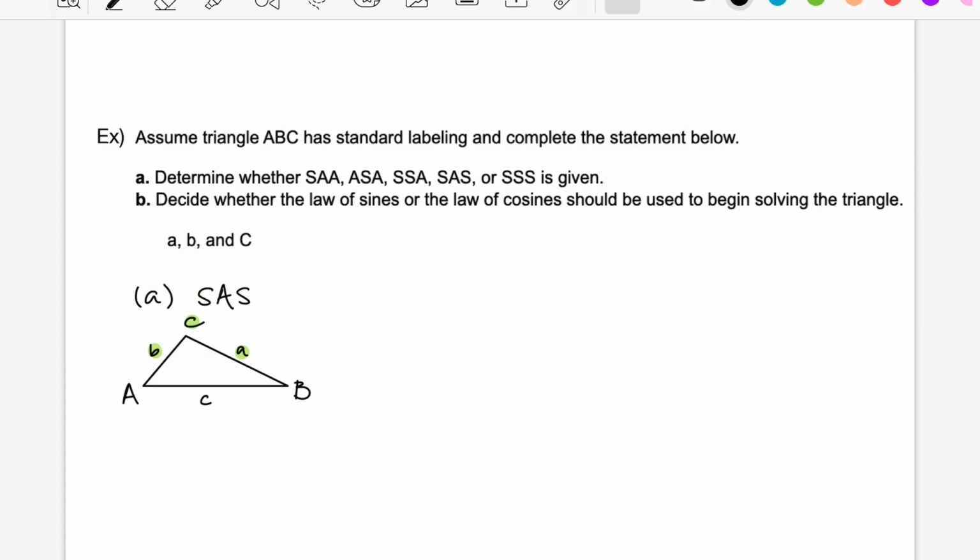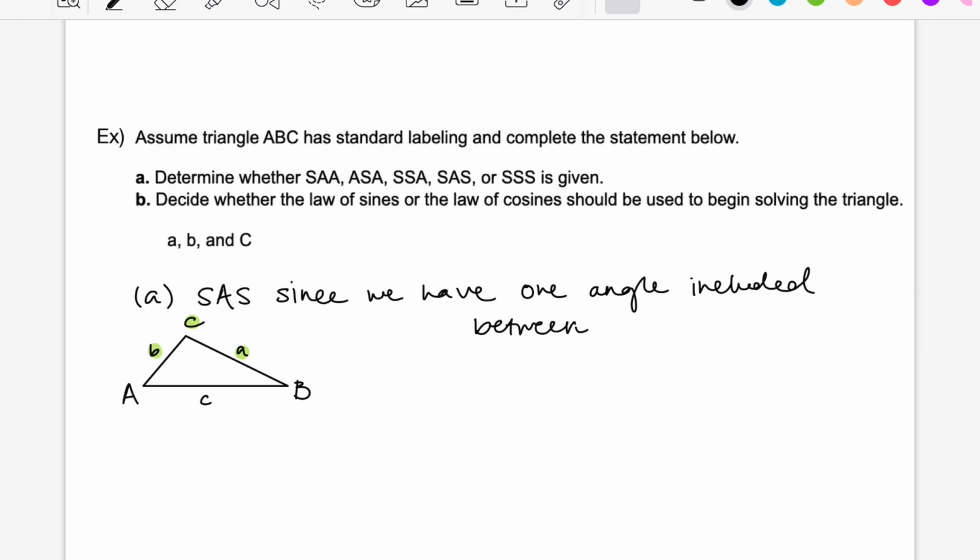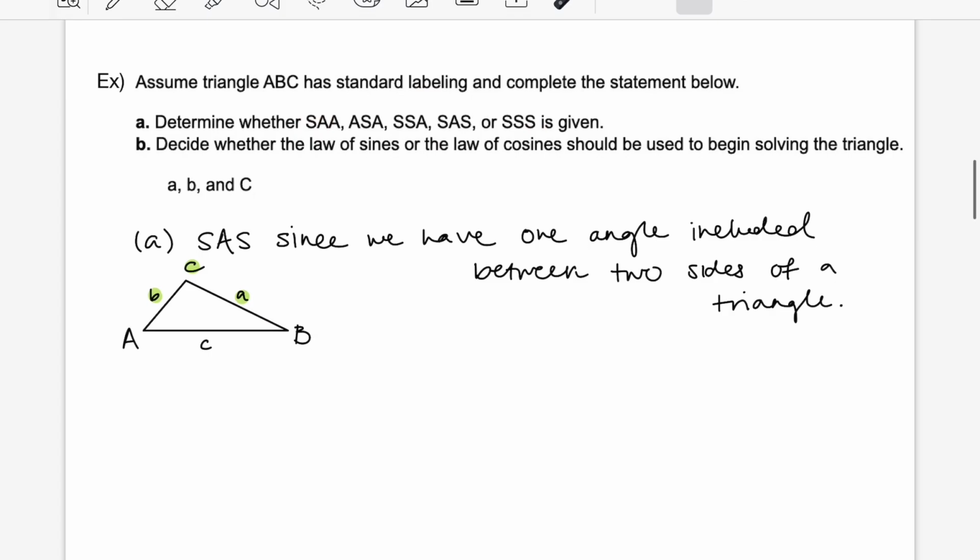So I'll write that here. We have one angle included between two sides of a triangle. So that's how we decide which one of these that we're given.